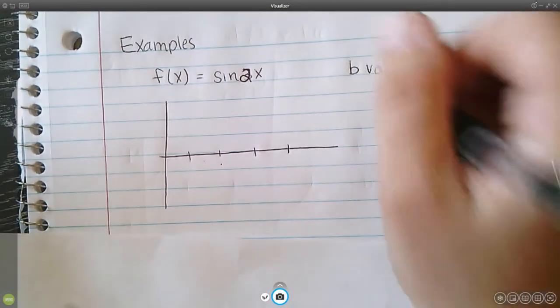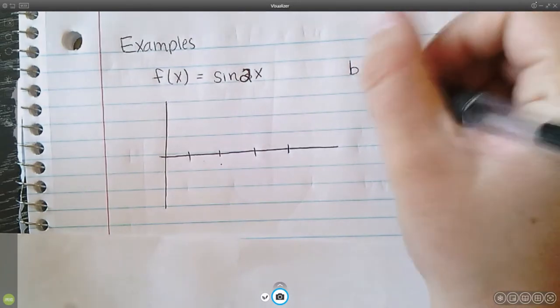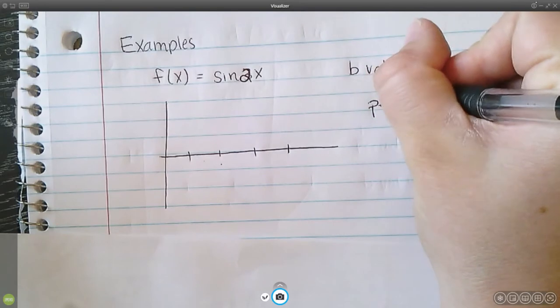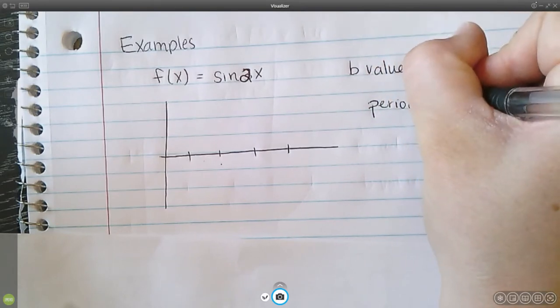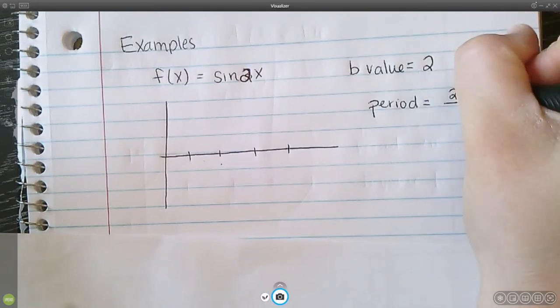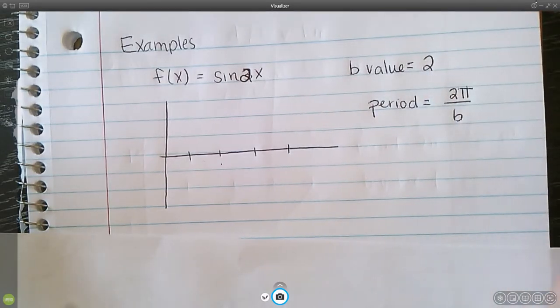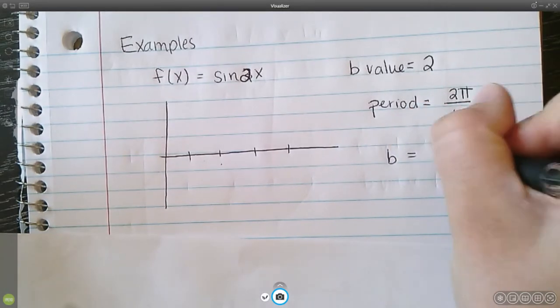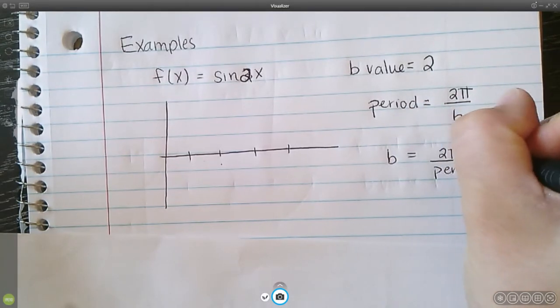So there's a little formula that we're going to learn. There's actually 2 of them. There's your period equals 2 pi divided by b. So there's 1. And your other one is b equals 2 pi over your period.